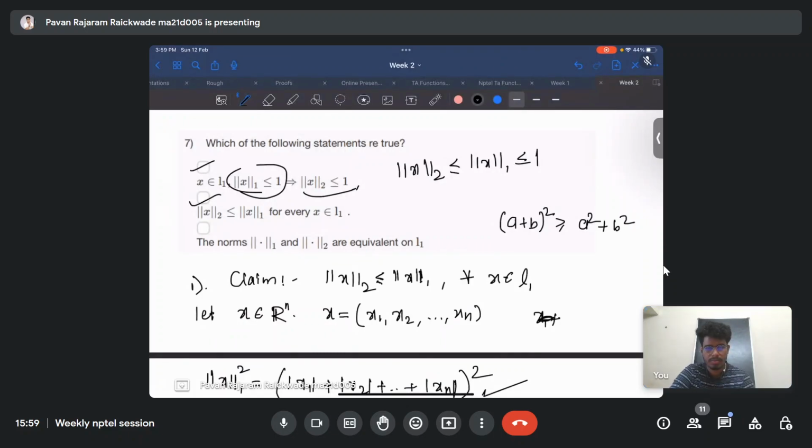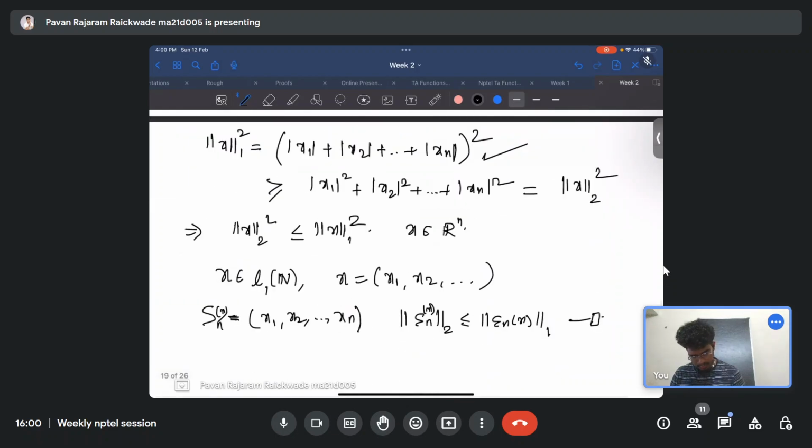So can we show that there does not exist any constant m such that the one norm is less than that constant times the two norm? Yeah, that's the idea. Correct.